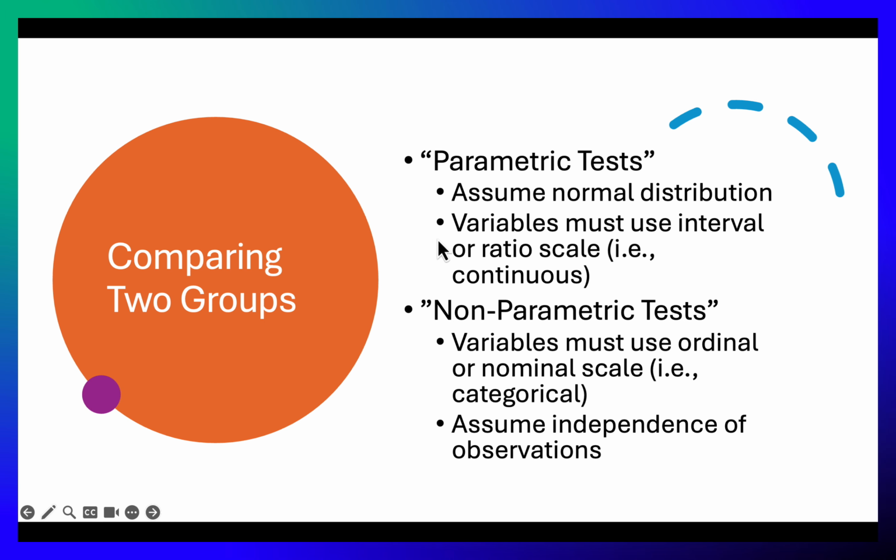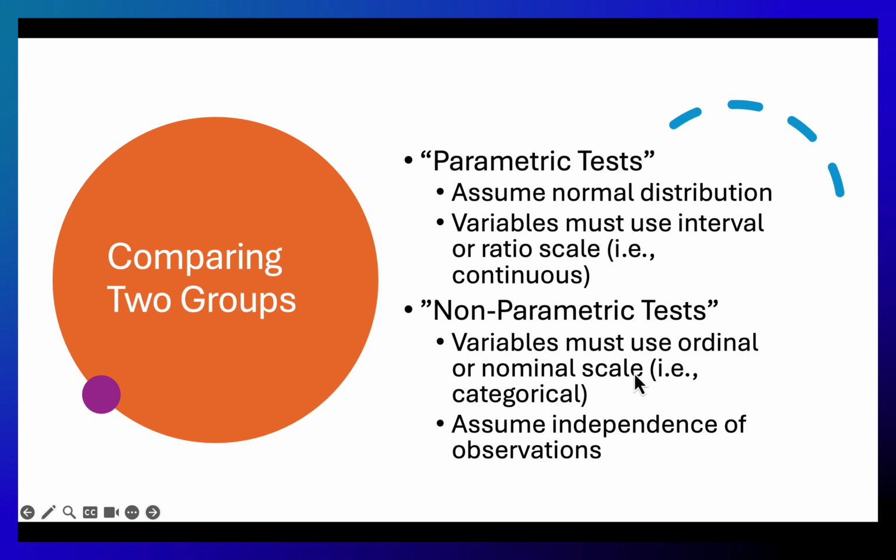There are some deviations from normality, but we'll talk about that as we're running some of our example tests. But this is an assumption of parametric tests, assuming that our data are distributed normally, and then also very importantly, that the variables you're examining, that you're running your tests on, must use interval or ratio scales. So they must be measured on a continuous scale.